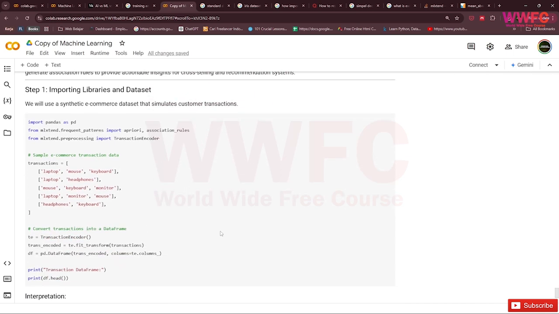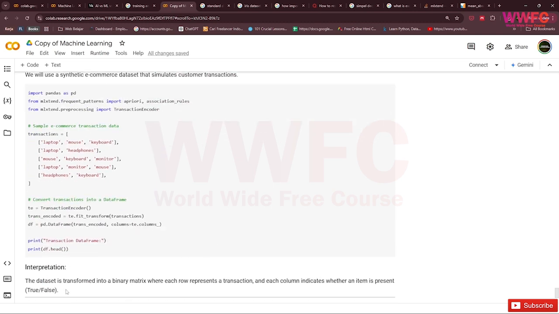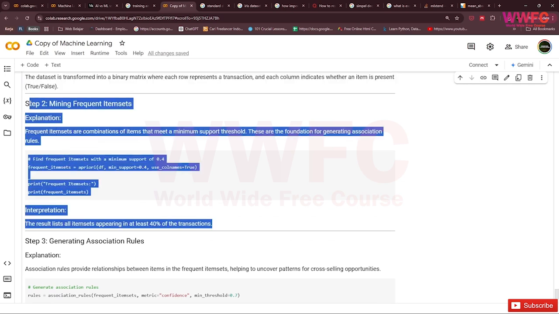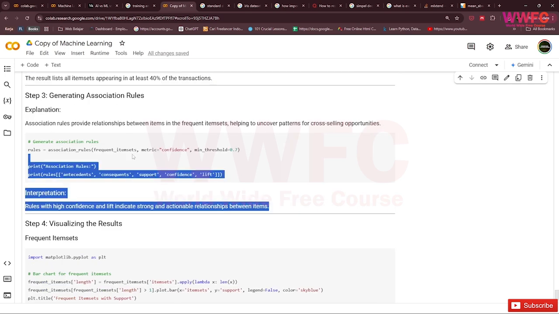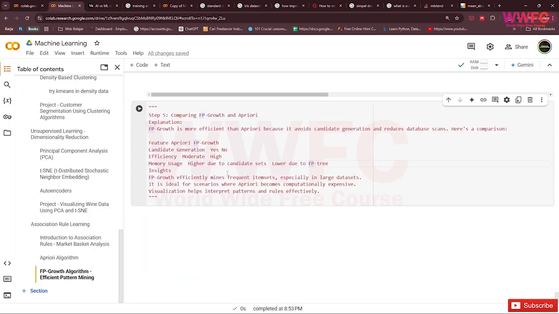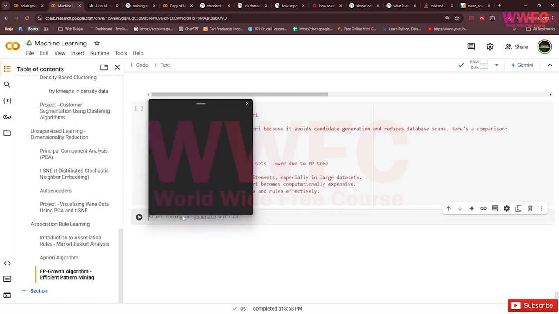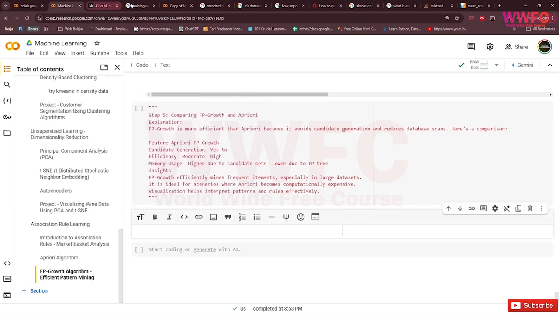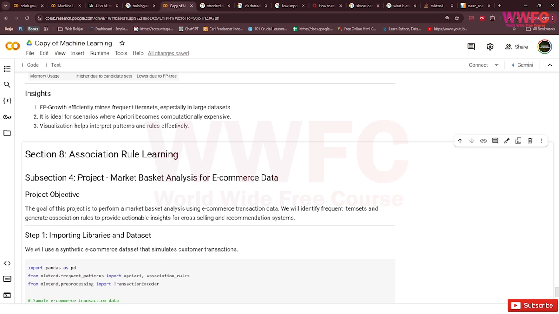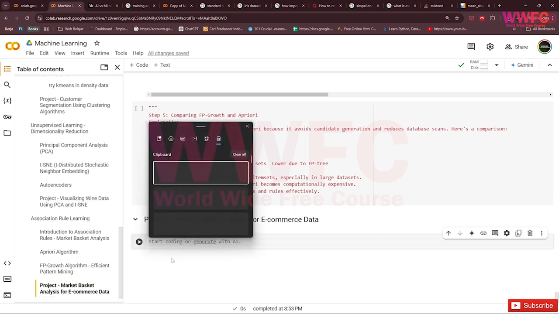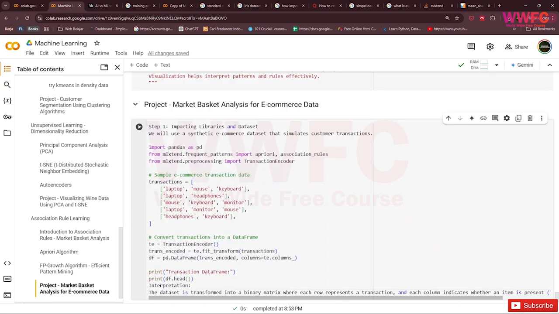So we want to import the libraries and the datasets. Like usual, we import and check the data, then mine frequent item sets.